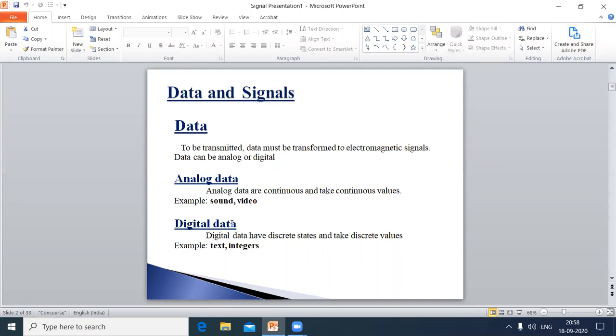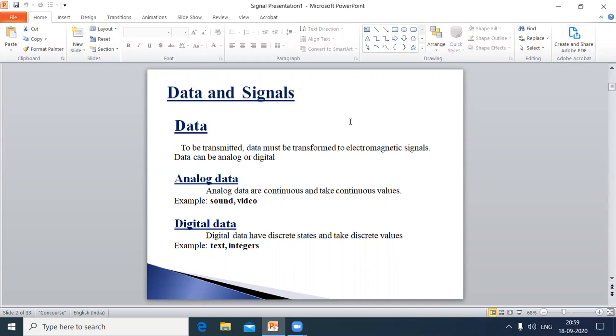Analog data are continuous and take continuous values. Example, such as a sound made by a human voice takes on continuous values.